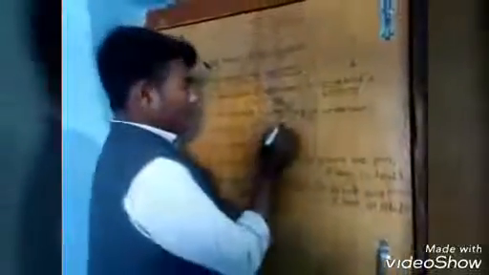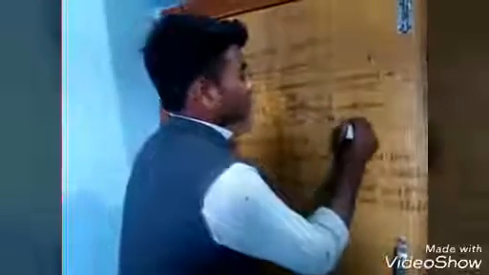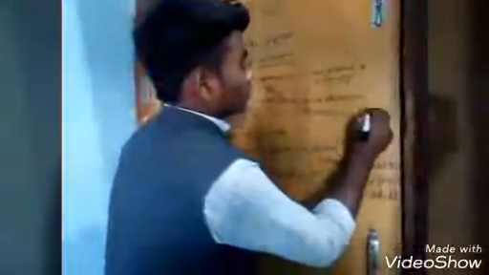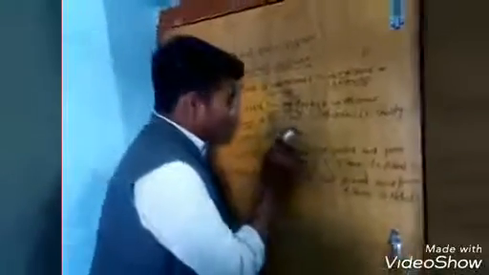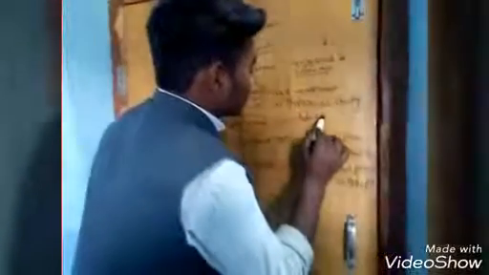And second is thoracic. Thoracic is present in the thoracic cavity, and these are 12 in number. So thoracic vertebrae is 12 in number. Lumbar vertebrae is 5 in number and present in the abdominal cavity.